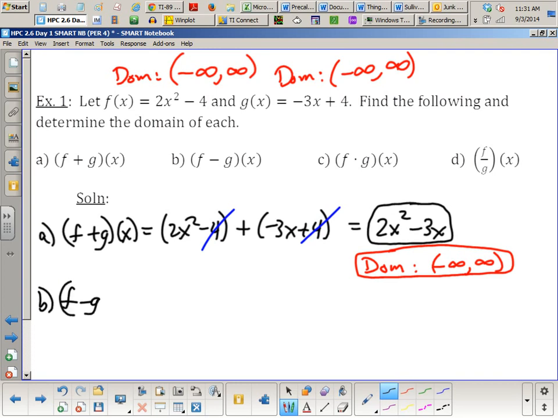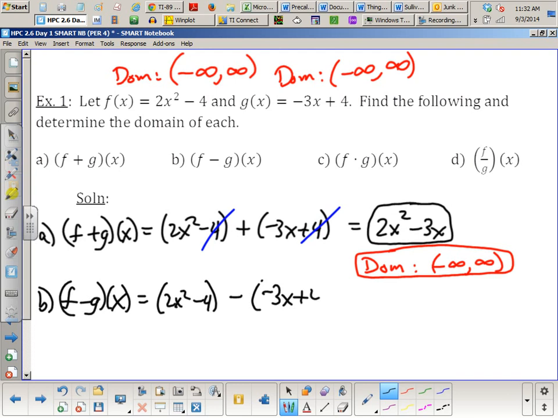Okay, let's go to part B, f minus g. So this time it groups a little differently. This time nothing cancels out.